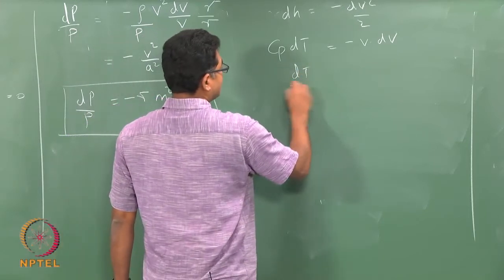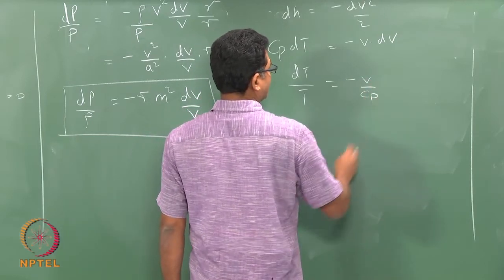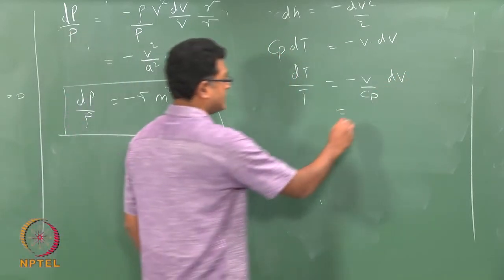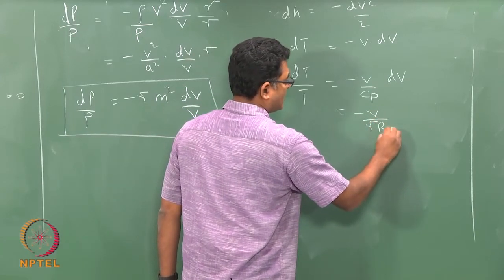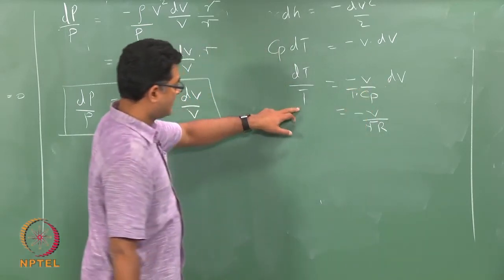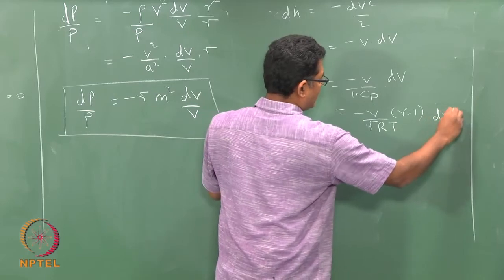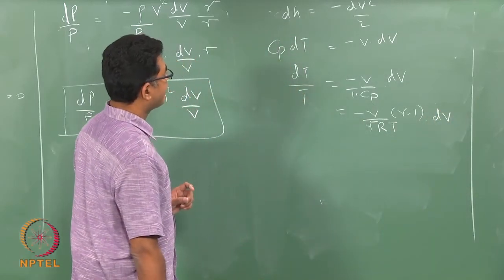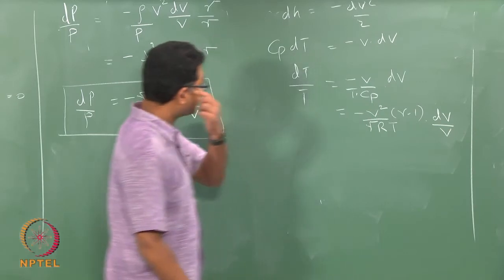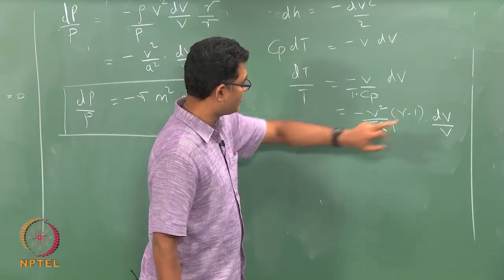I divide dT by T and take Cp to the other side, replacing Cp as gamma R by gamma minus 1.